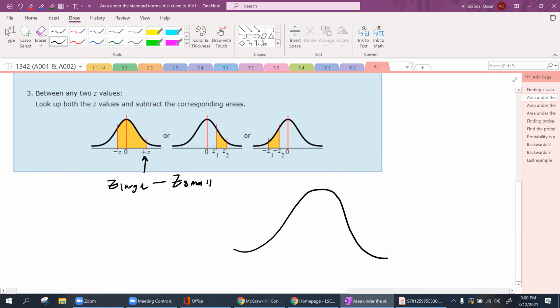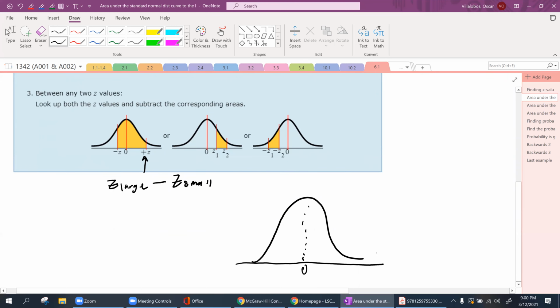So let's say I want to find the area between, let's do something much simpler. It's going to be my average at 0. And let's just say here this is z equals 1, and this is z equals 3, and you're asked to find the area between them.